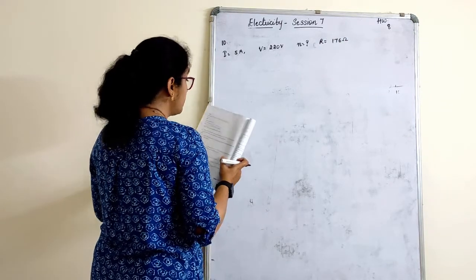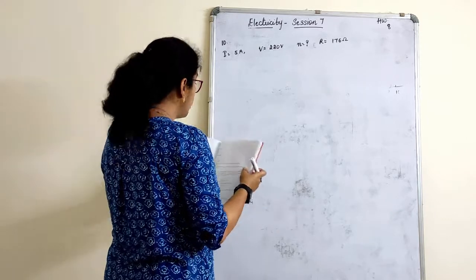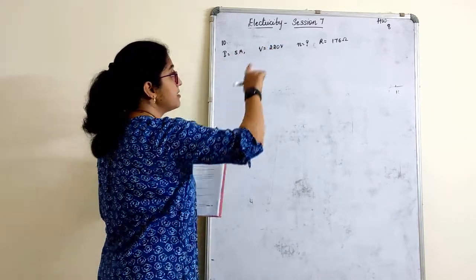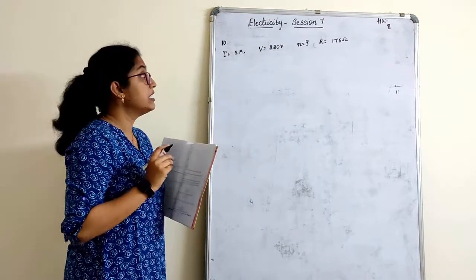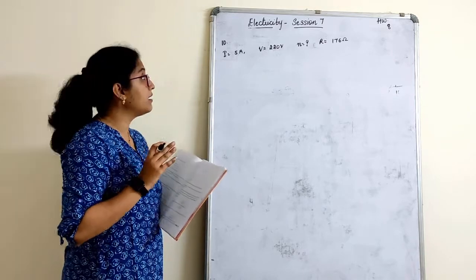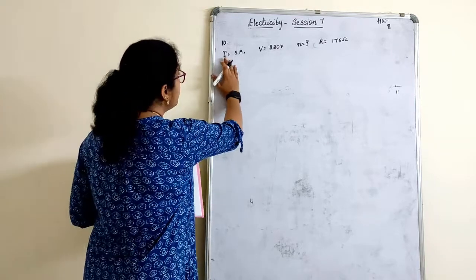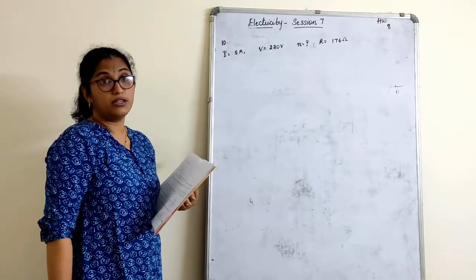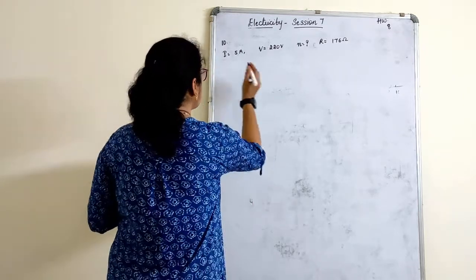Okay. So first of all, according to the question, R equivalent we have to find. Each resistor has a resistance of 176 ohms. How many resistors do I have to connect in parallel so that it will draw the current of 5 amperes in a 220 volt line? Let's find out.